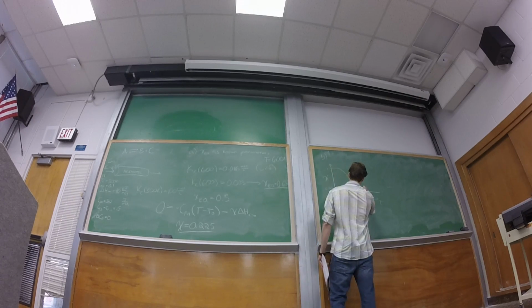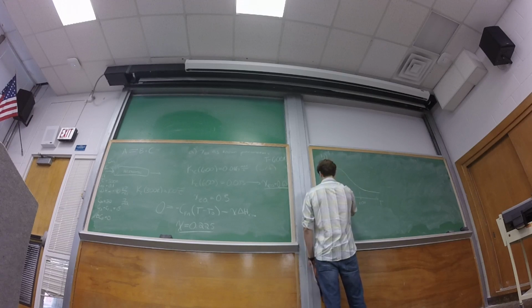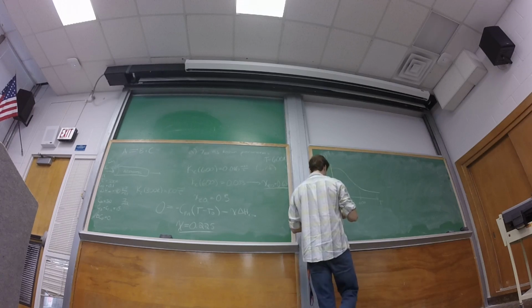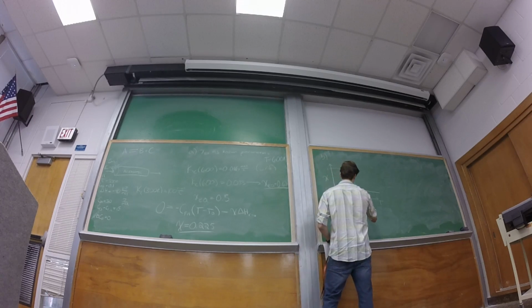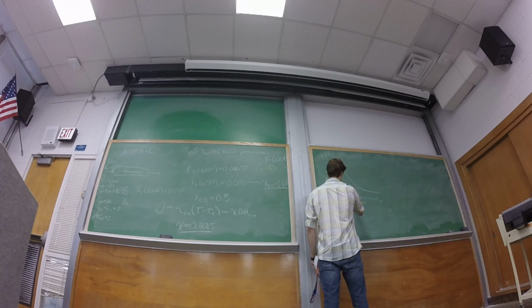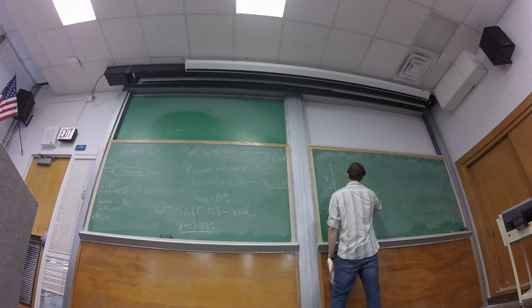Can't even draw on the curve, right? So 600, it's going to be, not drawn to scale, what is it? Oh, I'm sorry, 600 is 0.225. And at 300, that's 0. So you can just draw this line out to the equilibrium curve.